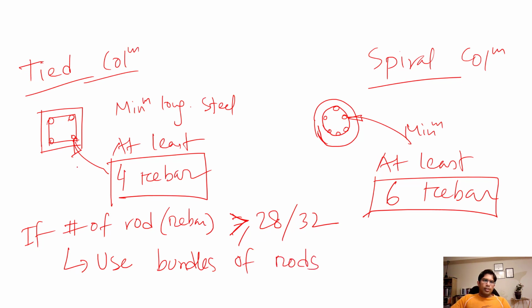In that case, instead of one rebar, we need to use bundles of rebar. If it is a gigantic column and the load is really high, then we need to use bundles of rods. If it is more than 28 or 32, then use bundles of rods. So those are some of the basic items.